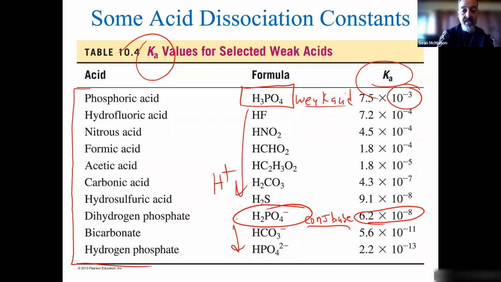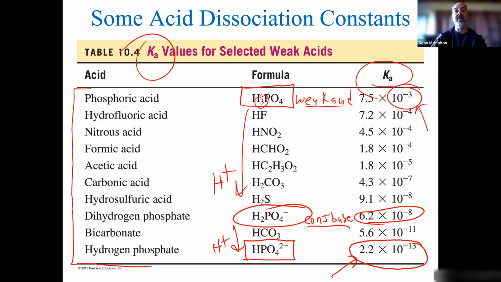And guess what this is? This is another donation because this was triprotic. So I donate a second time. Now I have that hydrogen phosphate, and now it's even weaker of an acid. So this allows us to see that this is by far a much weaker acid than that, based on the magnitude of Ka.